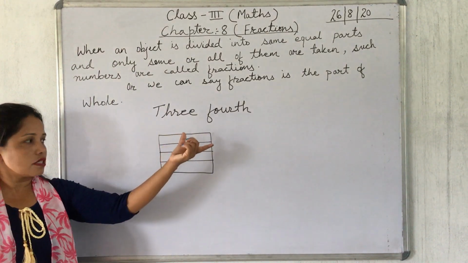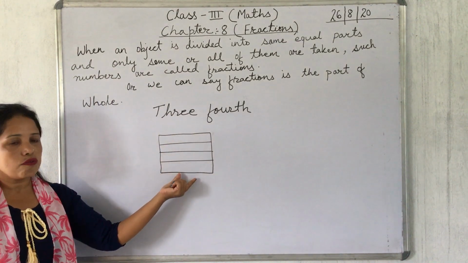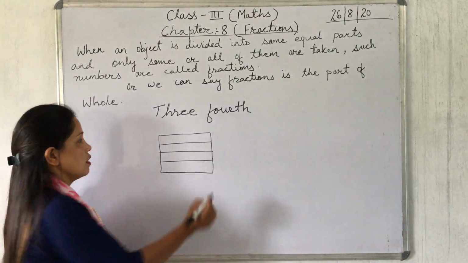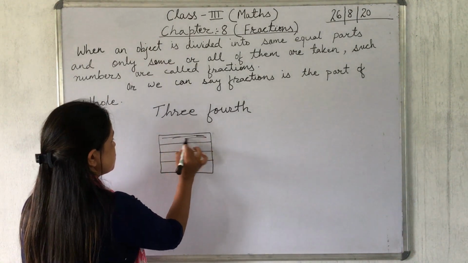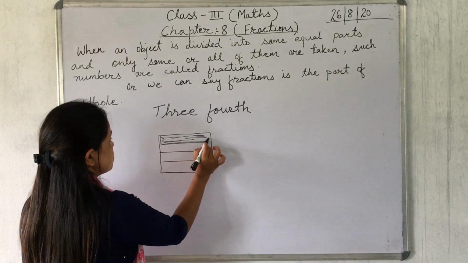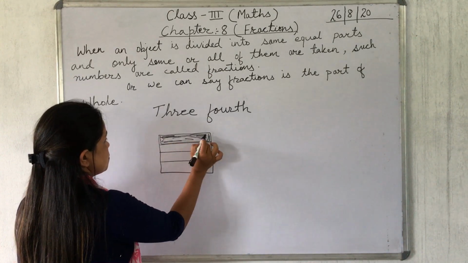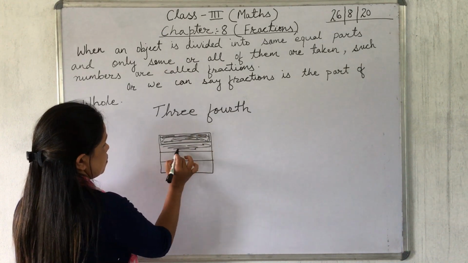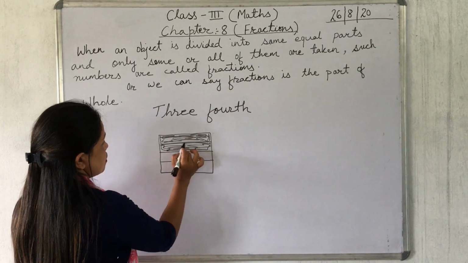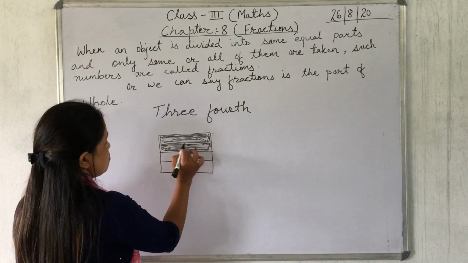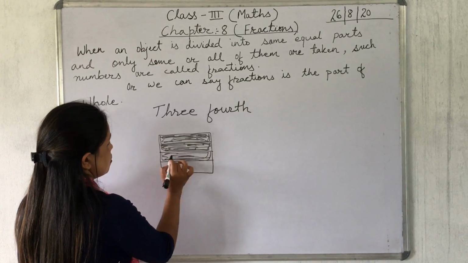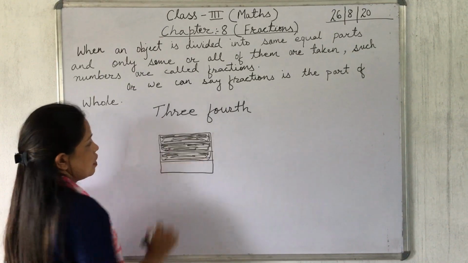So 3/4 means the total equal parts are 4, and we have to shade 3 parts of these 4 parts. Like this.